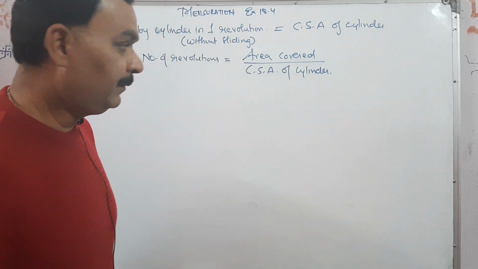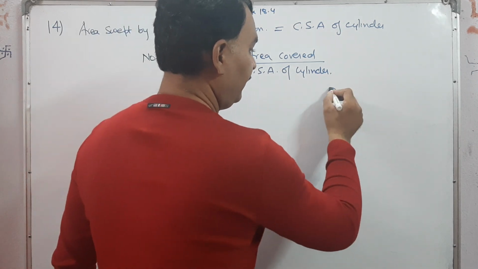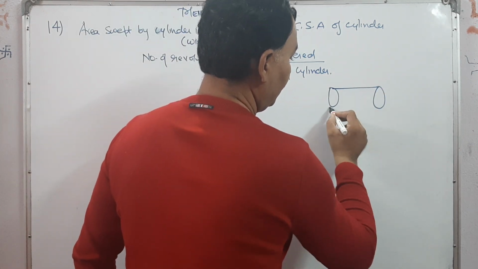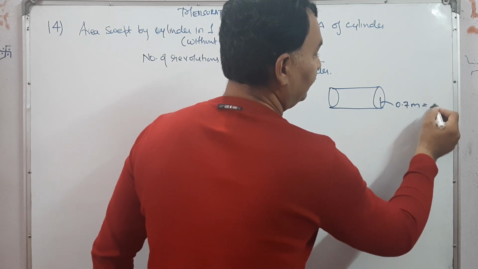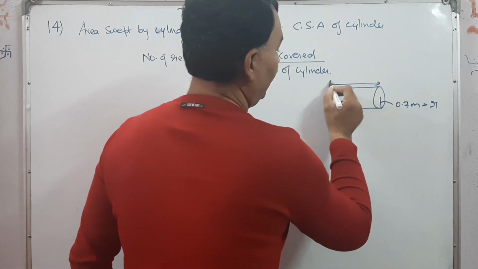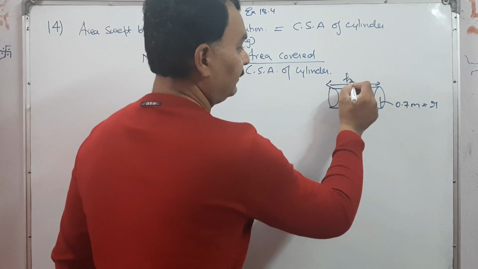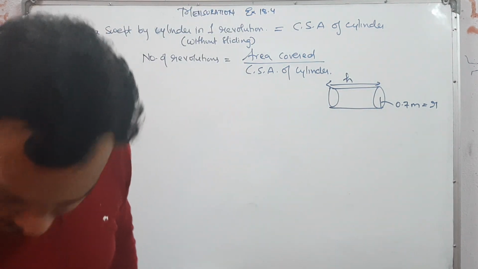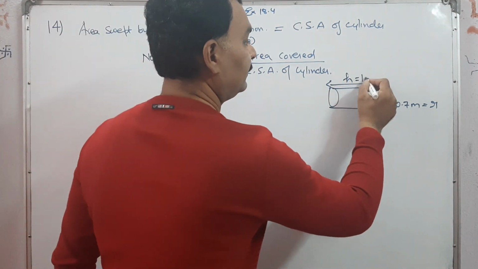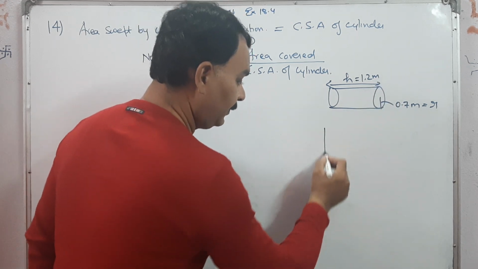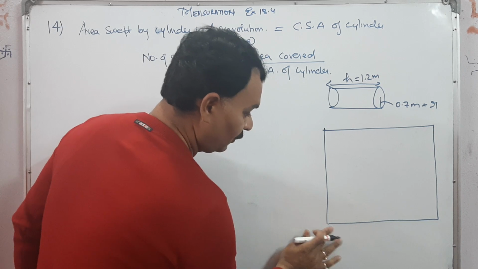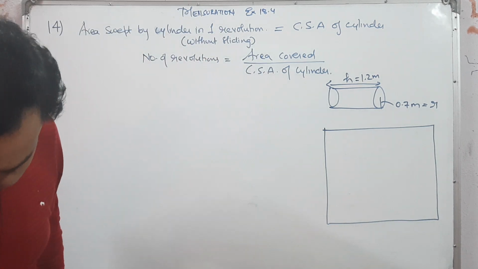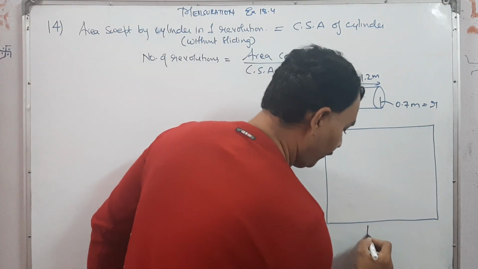Now in this question, it is given that we have a road roller whose radius is 0.7 meter and length of the road roller is 1.2 meter. Now this roller is used to level a playground whose dimensions are 120 meter by 44 meter.